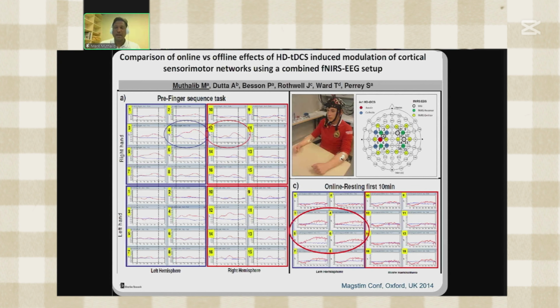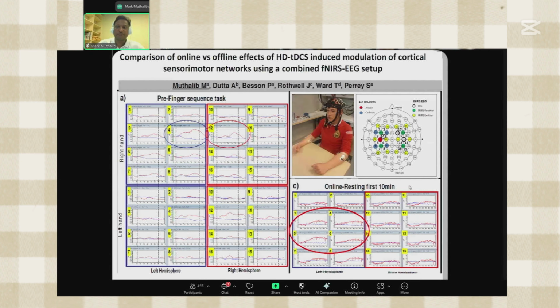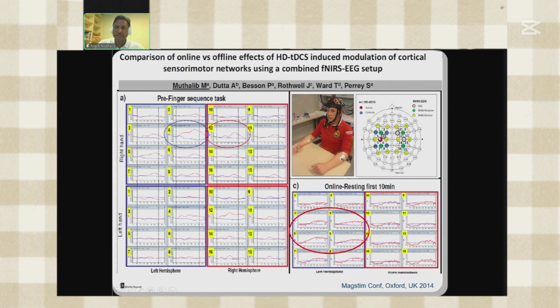So how do we combine the two to provide better information on what's happening in the brain that can advise on clinical or performance metrics? So we started on just measuring on healthy participants. We had a cap layout of 8 channels of NIRS on each hemisphere. These are denoted by the numbers, and we place the tDCS in a high definition configuration.